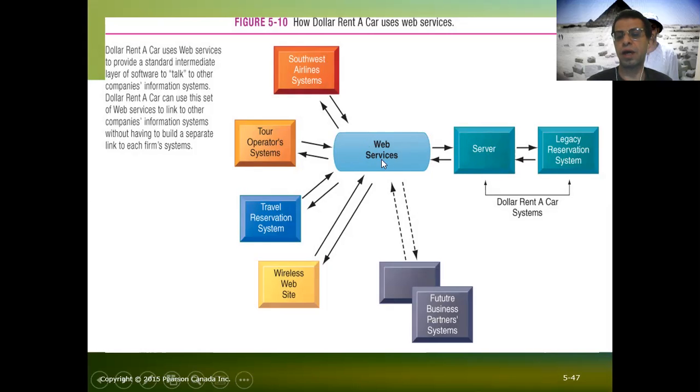Then they have the web services, which have a separate server. And through the web service, you can access the Southwest Airlines tour operating system, travel or reservation, wireless, and future business partners. This is very close to OG Money. We will talk more about OG Money, hopefully, and how this thing is working also.